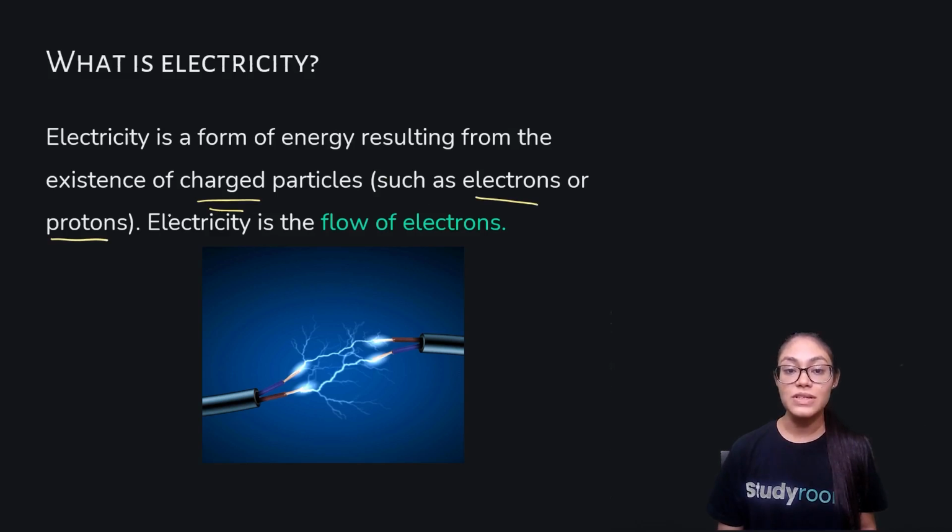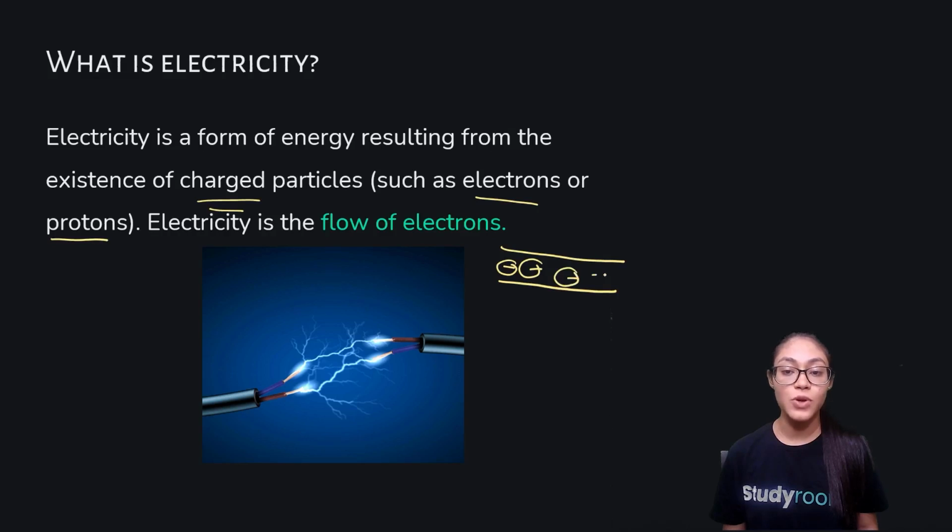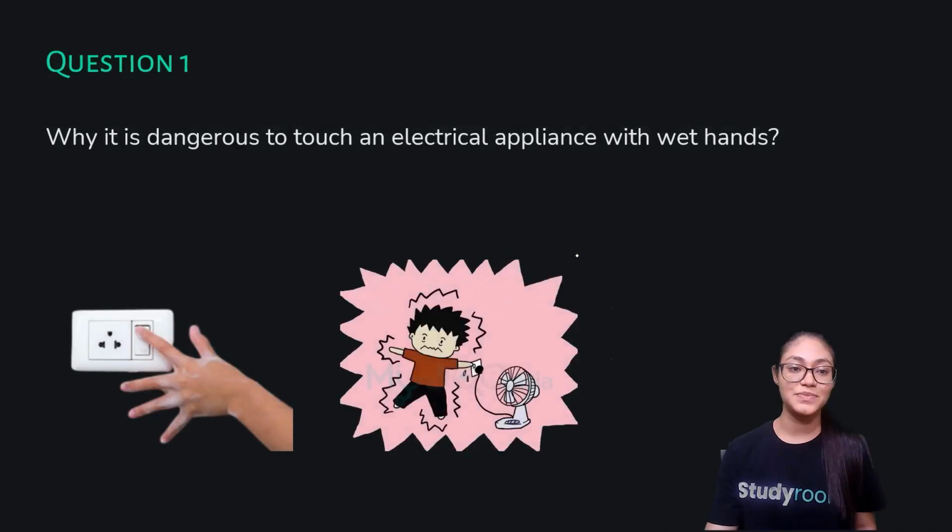So electricity is the flow of electrons. We can say that electricity is the flow of electrons. So suppose if this is a wire, when electrons flow in it, then electricity is generated. Very simple. Let's move on.